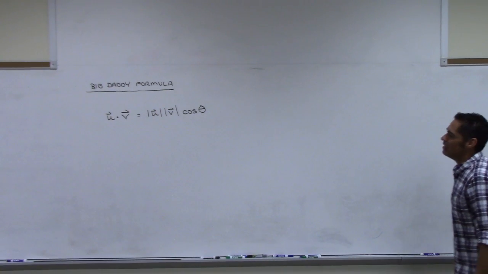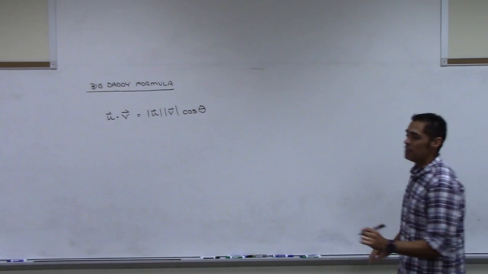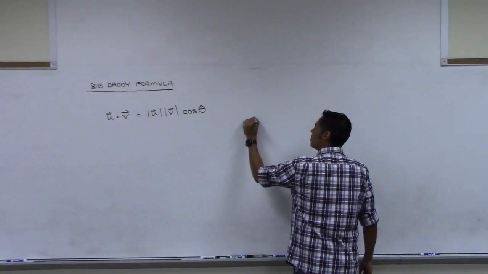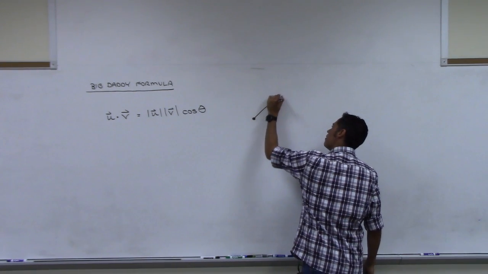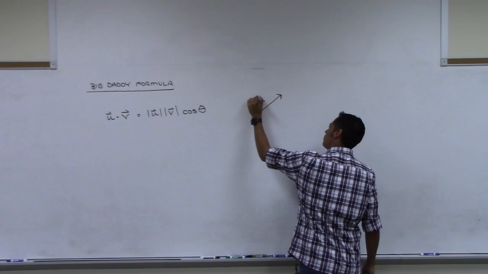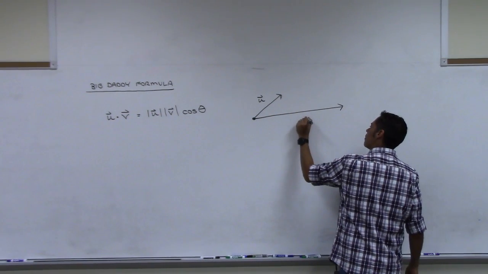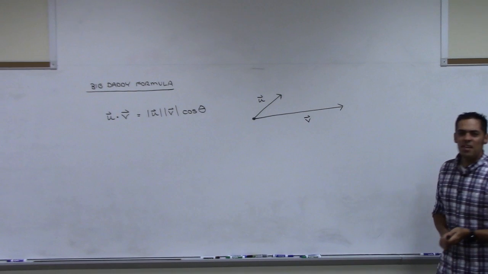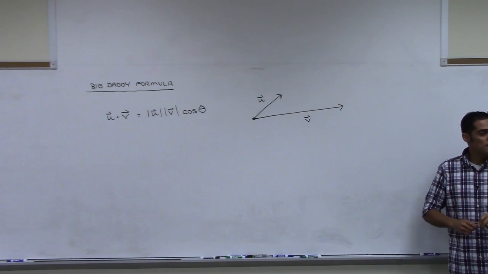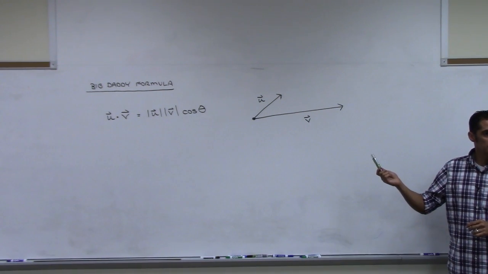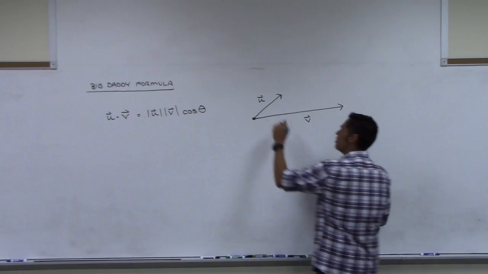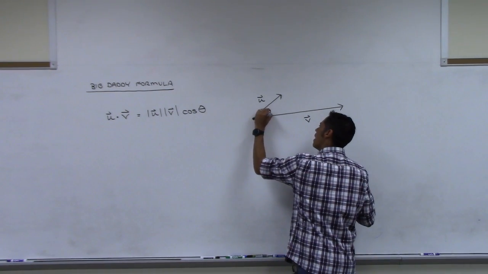Okay, so here's the idea. I need to visually give this to you. Let's say you have a vector here, u. Let's say you have some other vector over here, v. There is a natural angle formed between these two vectors, isn't there? Here it is. Theta.